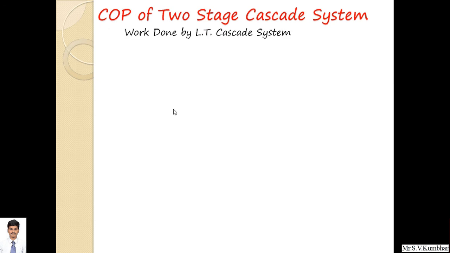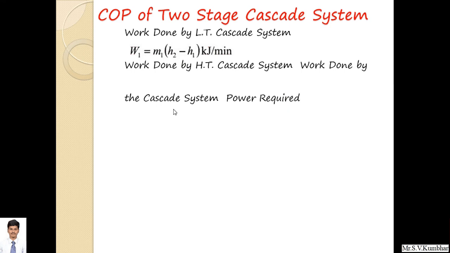COP of two-stage cascade system. The work done by the low temperature cascade system is given as W1 is equal to M1 into H2 minus H1 kilojoule per minute, and the work done by the HT cascade system is given as W2 is equal to M2 into H6 minus H5.